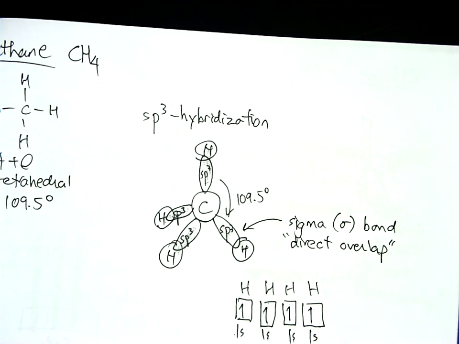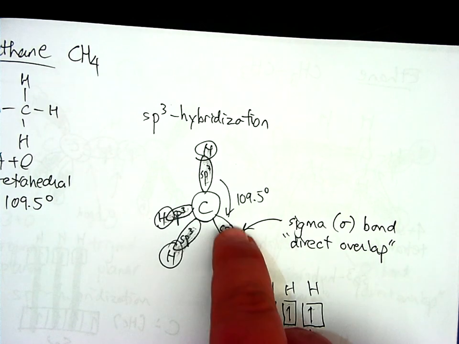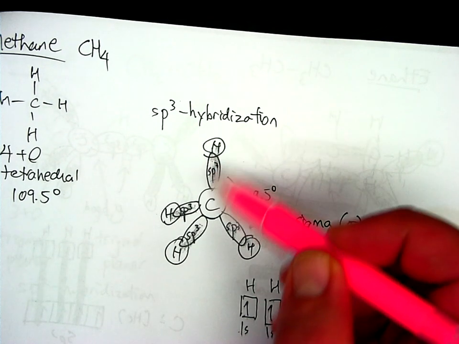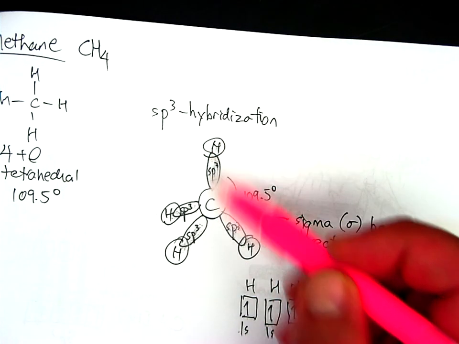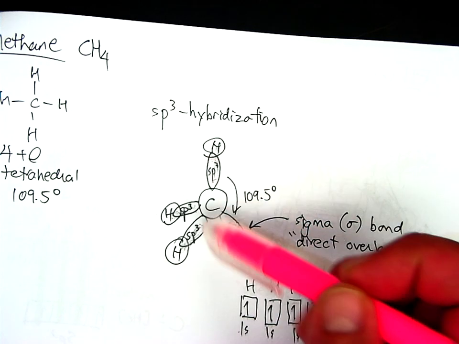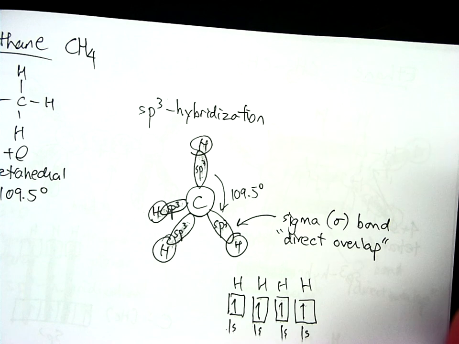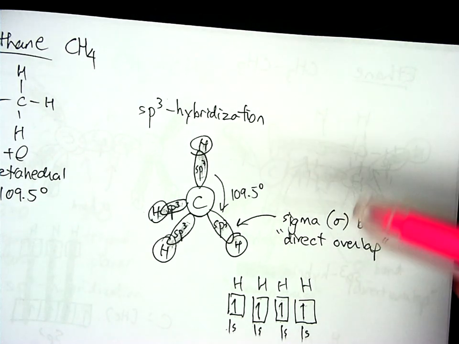Okay, so here carbon arranges its 4 hybrid orbitals around the carbon atom, and hydrogen can attach and share its unpaired electrons by overlapping of orbitals, as we can see here, forming bonds.